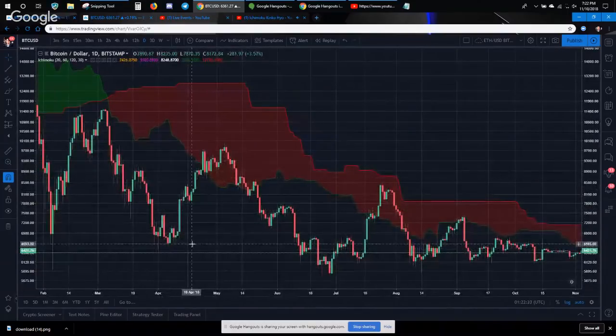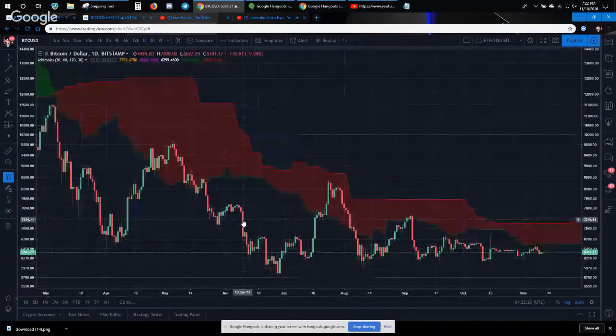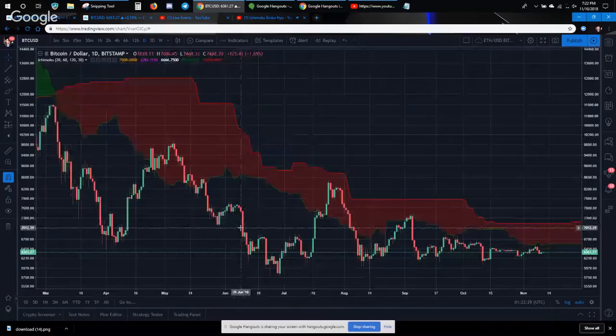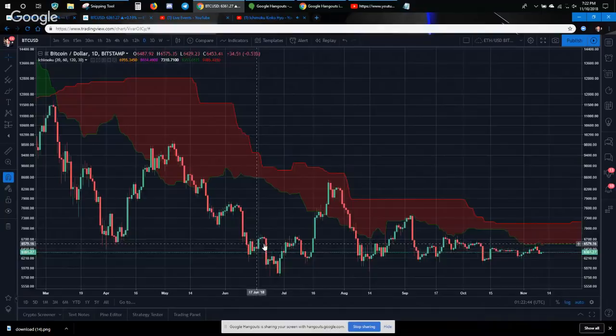I can't particularly point out a black swan event on here, but we get big dips such as there that create really thick clouds that don't necessarily reflect the actual supply and demand of an asset, or Bitcoin in this case. So black swan events can create a thicker cloud just based on oversold conditions that it recovers from.